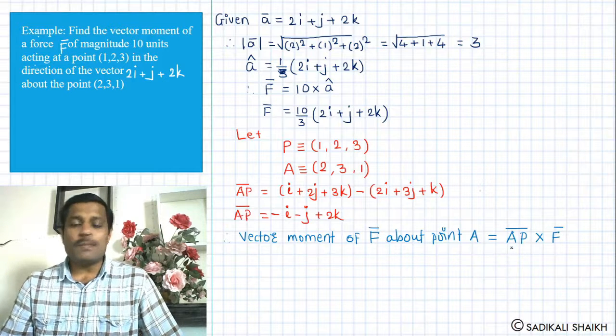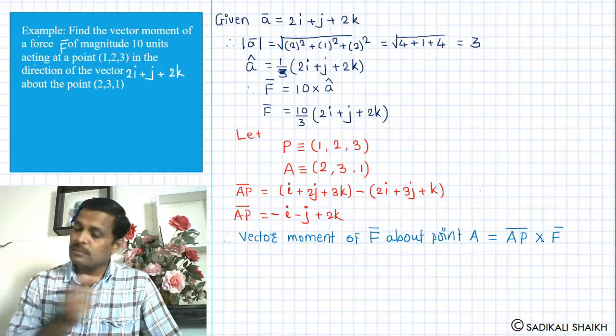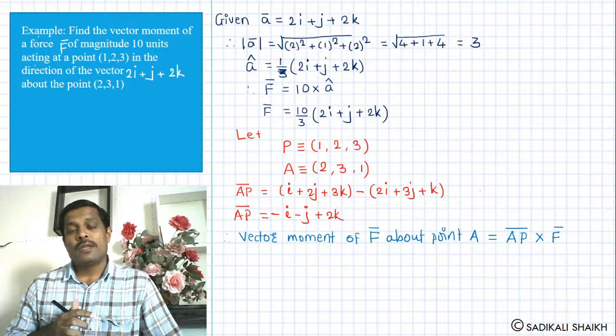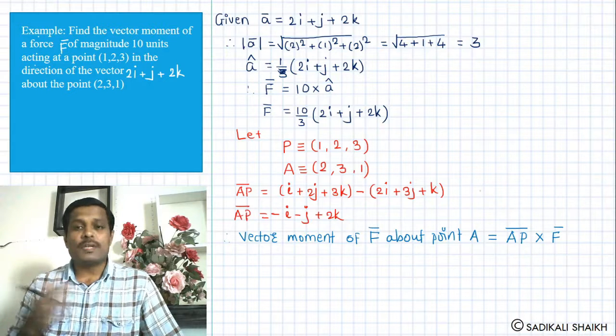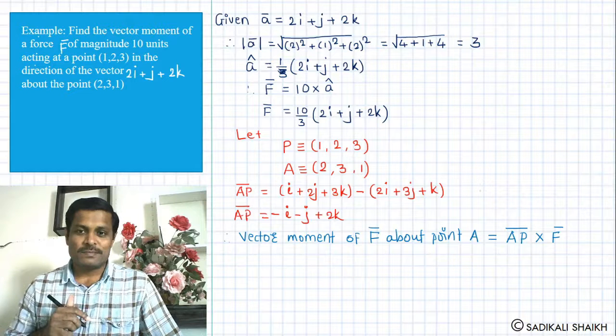Now the only thing remaining is to calculate the cross product of these two vectors. One is AP bar and another is F bar. How to calculate this? The basic definition of the cross product is that we can evaluate the cross product of two vectors by using the determinant.